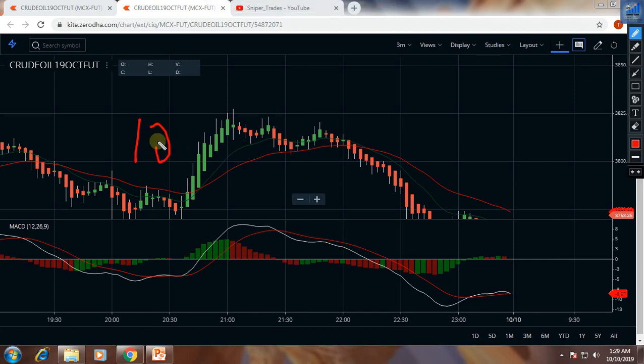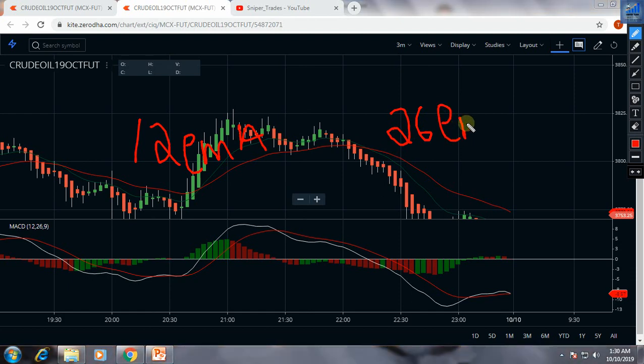If we take the 12 period exponential moving average here and the 26 period exponential moving average here, and the 12 period exponential moving average is greater than the 26 period exponential moving average, it means that 12 days back people bought this particular commodity, crude oil, at a higher price as compared to the people who bought it 26 days back at a lower price.